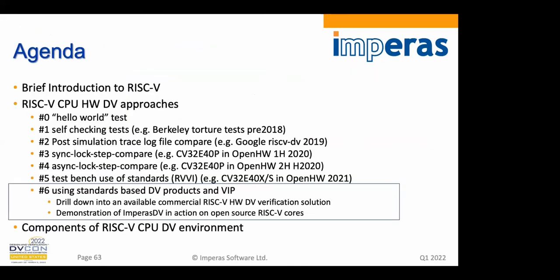So now let's look at how these verification components are used in a real DV environment. What we're going to do is drill down into an example based around commercial tools, but also with open source cores in there, and walk through that in a detailed demonstration.